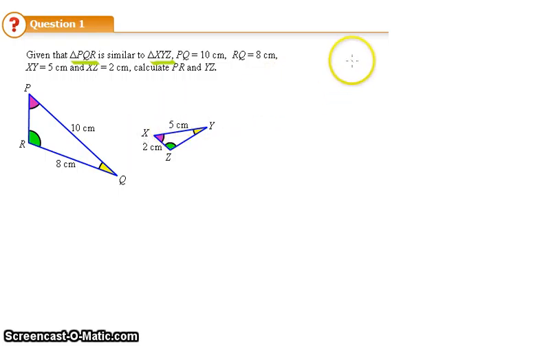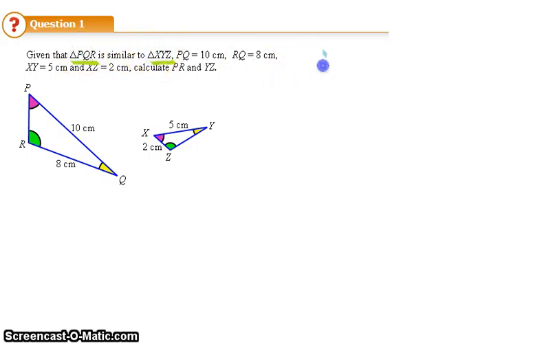We learned that to make things easier, we need to take note of the first, second, third. In the correct order, we're going to write down the different sides. For example, PQ, first, second, is the same as XY.